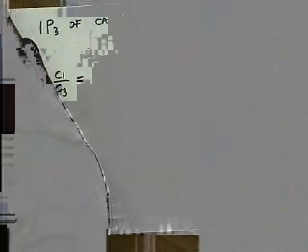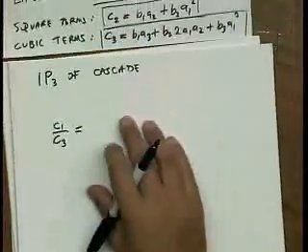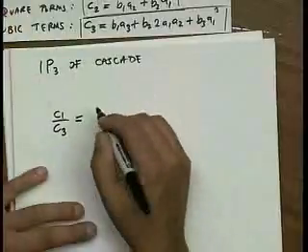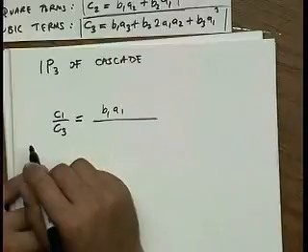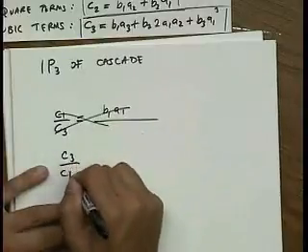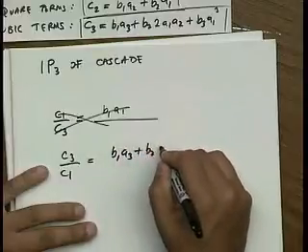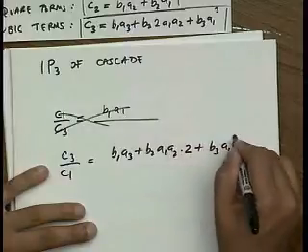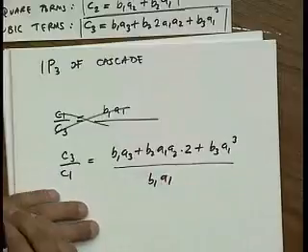Here we go. So here's the cascade formula. So C3 has 3 terms in it. Actually, I like to take C3 over C1. That's going to be B1 A3 B2 A1 A2 times 2 plus B3 A1 cubed divided by B1 over A1. Okay?